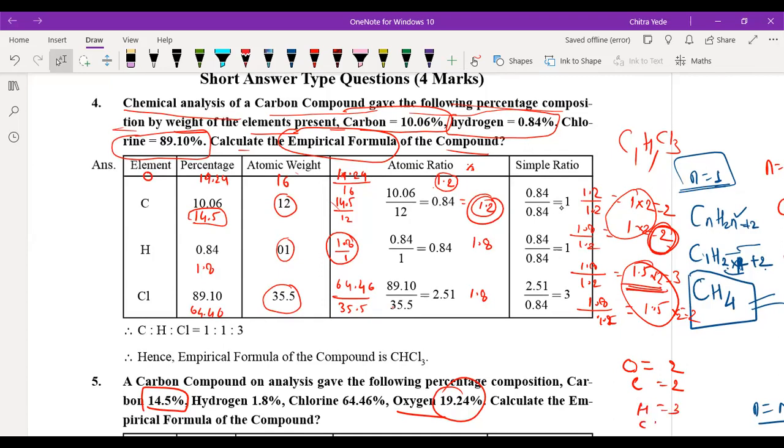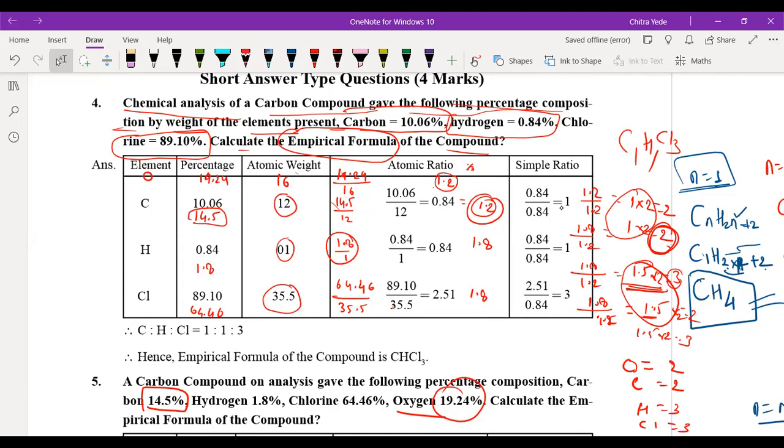The other 1.5 we have also multiplied by 2, so 1.5 into 2 will be 3. So for chlorine we have 3.